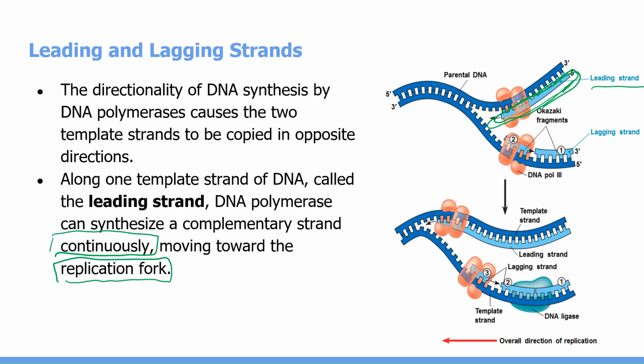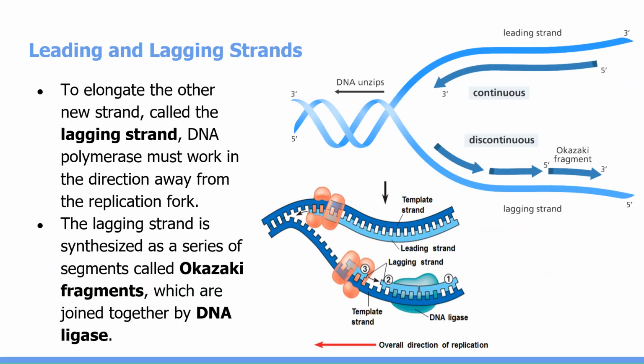Again, the leading strand is the new strand that is made continuously in the direction of the replication fork. And as the replication fork is moving along, helicase is unzipping it, and a DNA strand is also being created on the opposite end.